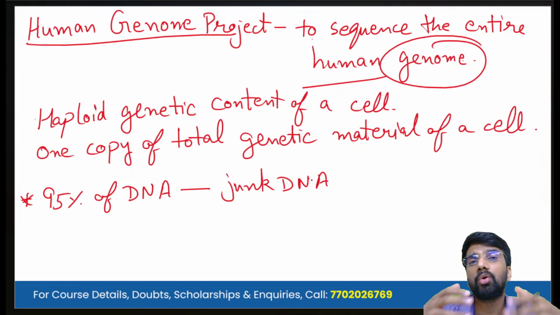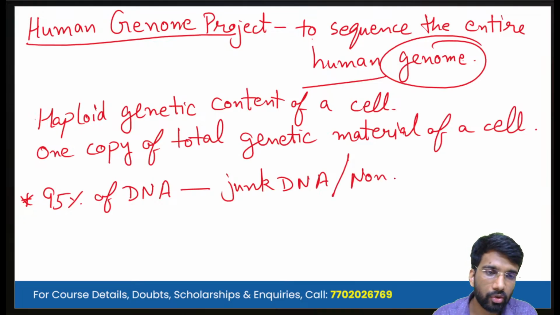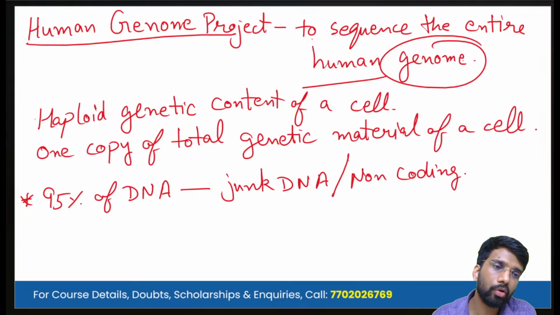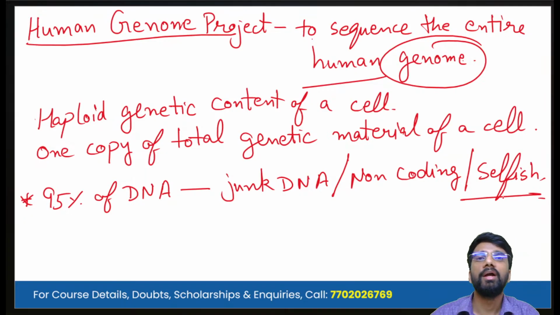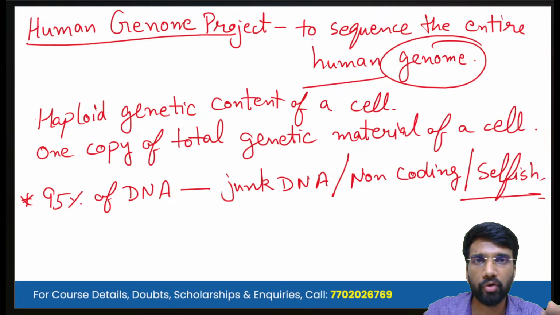It is not coding for any proteins or any substances, and not for any traits in the body. This junk DNA is non-coding, and we also call it selfish DNA. We have also learned that mutations in this junk DNA can give rise to newer genes, which can form the basis of evolution.